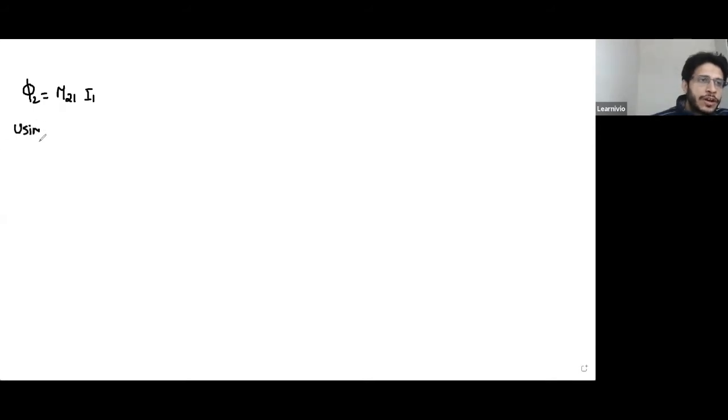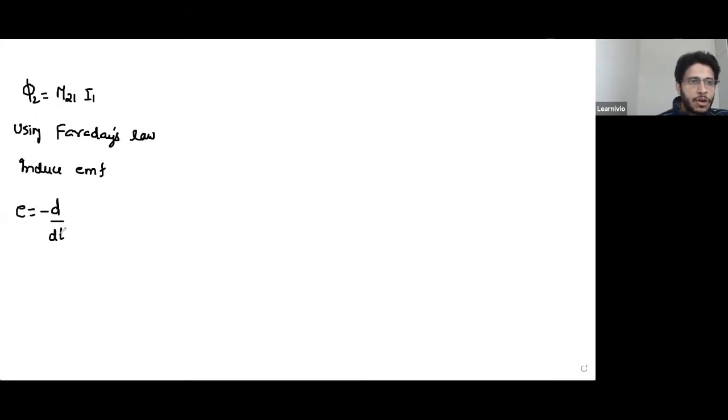Now, using Faraday's law, we can calculate induced EMF. Using Faraday's law, you can write that the induced EMF E is minus d over dt of phi. In general, I'm writing phi is equal to M I, because current can flow through any of the coils.